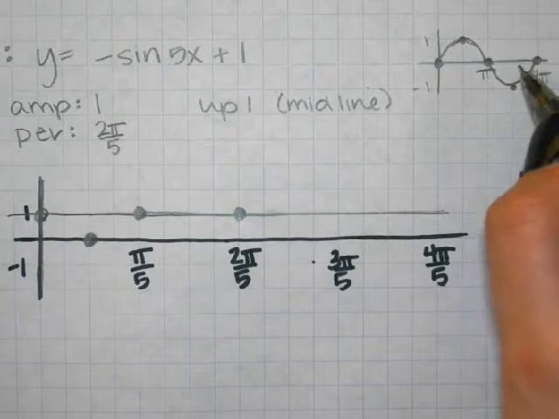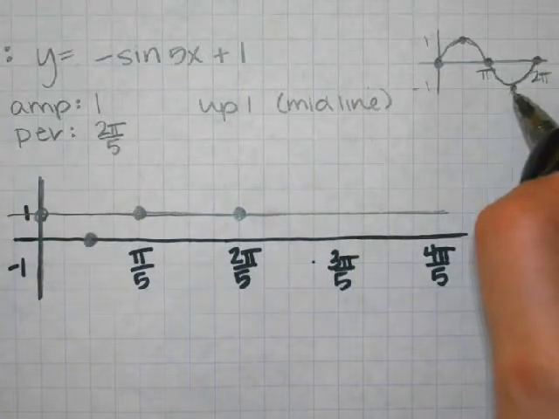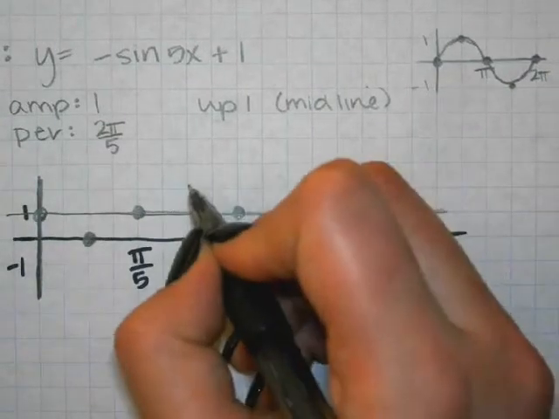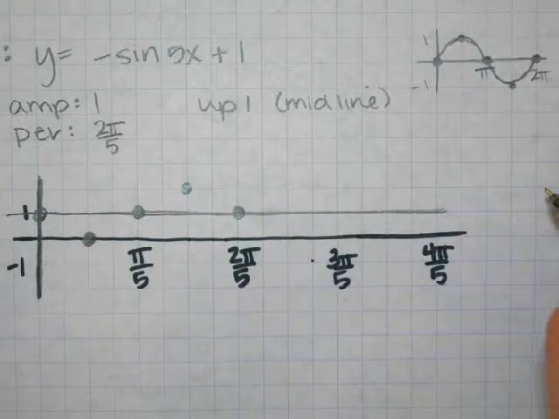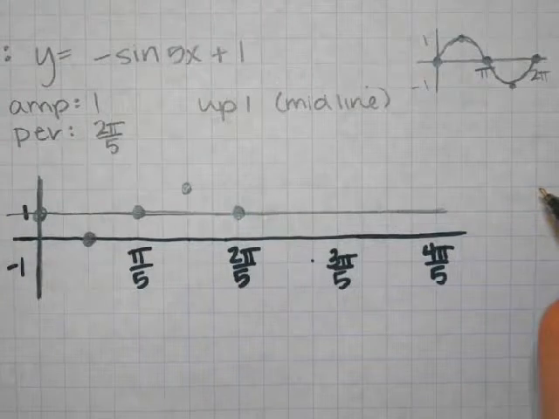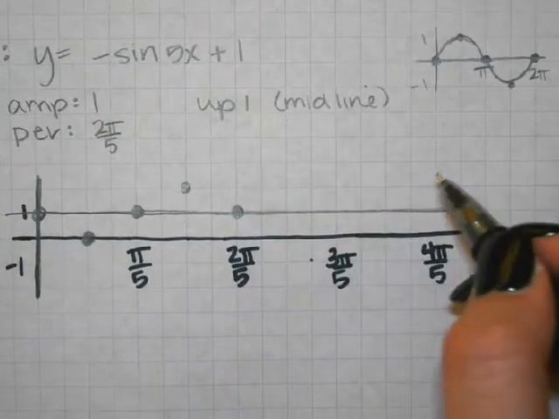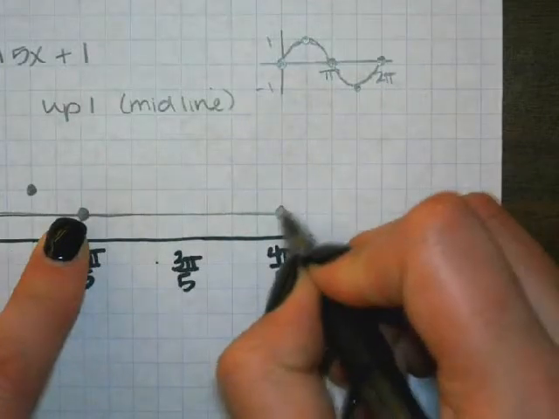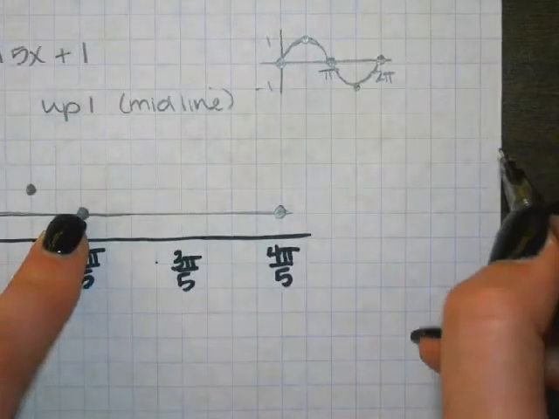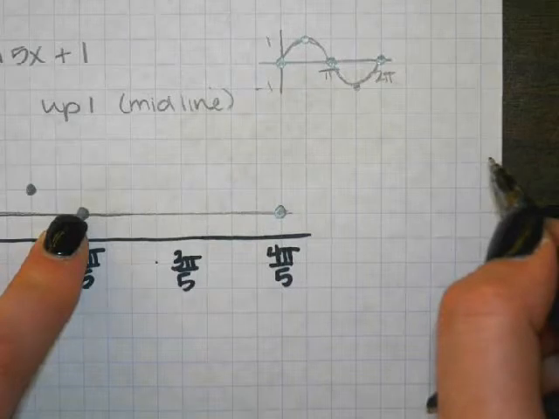And then normally between the second 2 points I'd go down 1, but I'm going to go up 1 because it's been reflected. And then I'm going to go ahead and do that pattern again. So it begins, and it ends 2 pi fifths away from where it began.